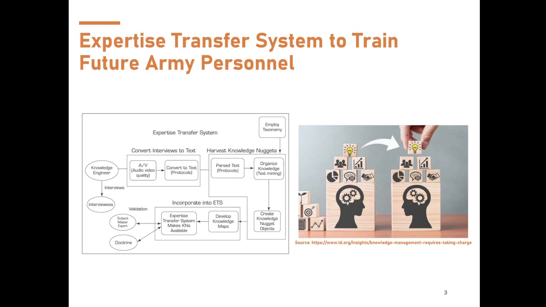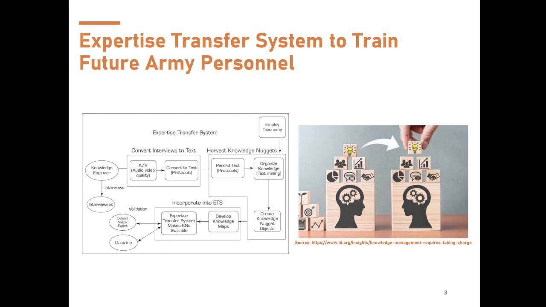And here's how ETS works. So you can see that looking at the illustration. It starts with an audio or video interview between an interviewee and a knowledge engineer. Recall that we covered knowledge engineer in the previous lecture. This interview usually lasts 60 to 90 minutes.